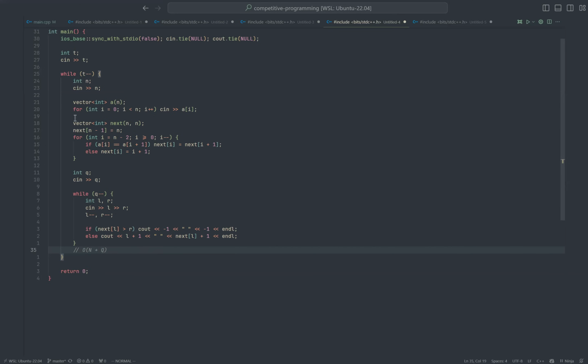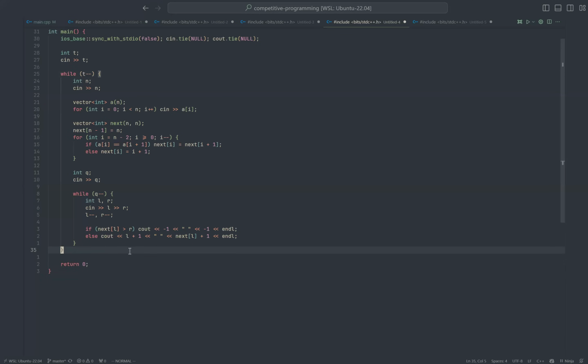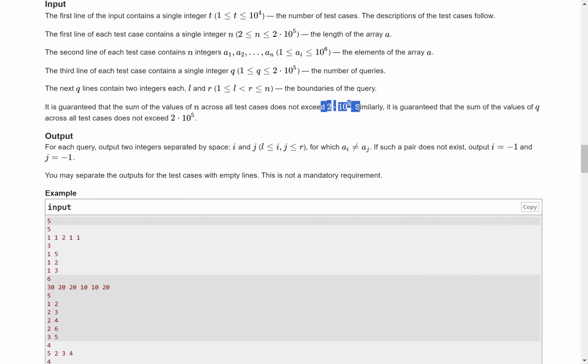Since this is happening for every test case, and eventually I will have a lot of test cases, if I talk about all of the test cases, it will turn out to be big O of sum of n plus sum of q over all the test cases. We have been given sum of n to be less than or equal to 2 into 10 raised to the power 5, and similarly for q.